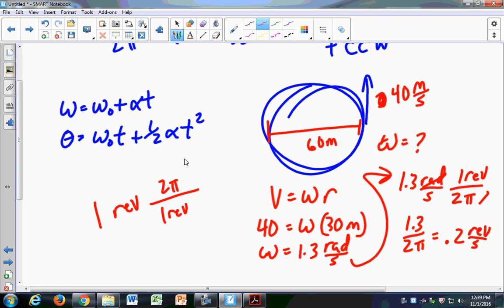So if you have a TI or whatever, you have to put this in parentheses, or do it in pieces: 1.3 divided by 2, then the answer divided by pi. And it'll give you 0.2. It comes up several times, and it's a very common mistake. Just for order of operations, don't miss a question just because of the calculator thing. That's frustrating, isn't it?